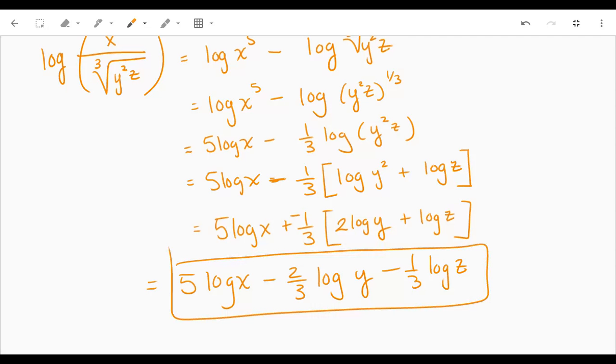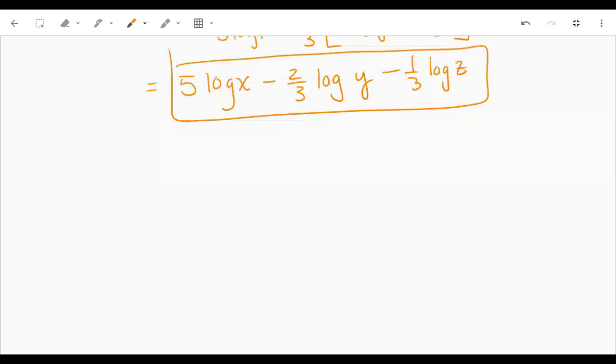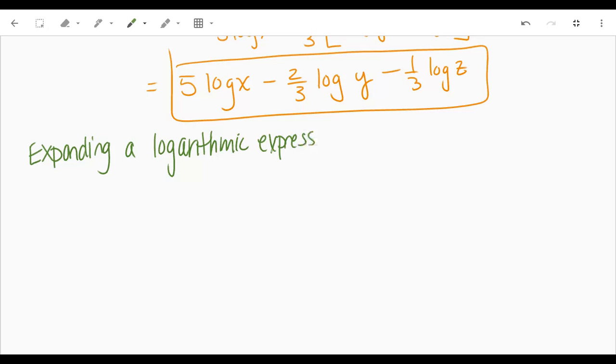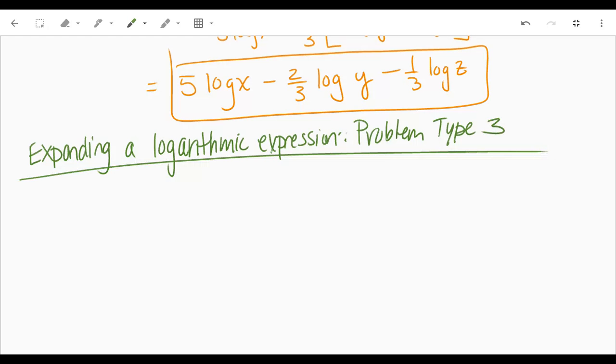Okay, all right, we have a problem type 3 with this one. So this one, we have log 7 x plus 6 cubed over square root x to the 5th.